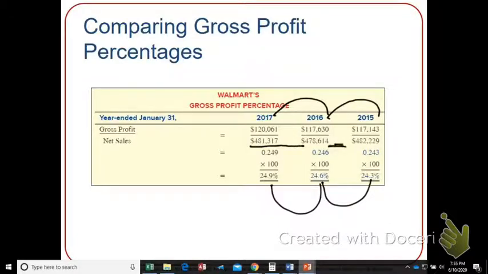So it's weird. Look how much the sales jumped. And here the sales actually went down. Sales went down from 15 to 16. Gross profit percentage still went up. Sales went up drastically here. Gross profit went up, but it still went up by the same amount. So it's a funny number because in that number, you're taking into account the cost of goods sold.